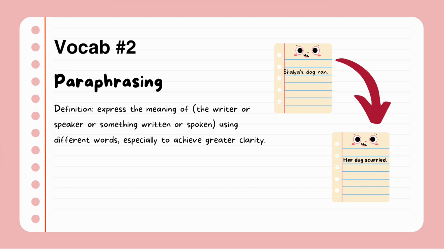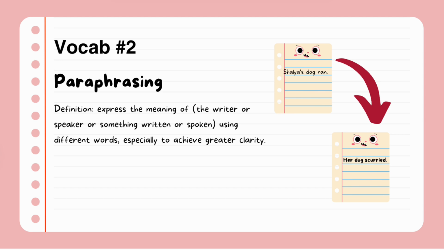Paraphrasing is our next vocab word, vocab number 2. The dictionary definition is expressing the meaning of the writer or speaker or something written or spoken, usually using different words, especially to achieve greater clarity. So, kind of make this a little simpler for us.